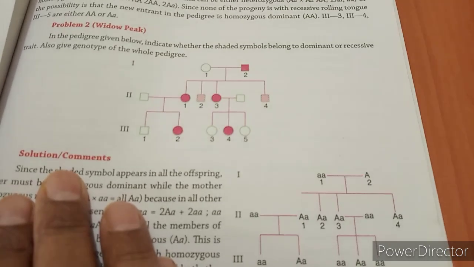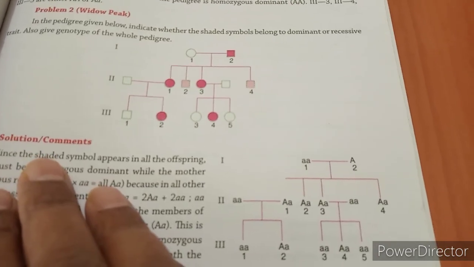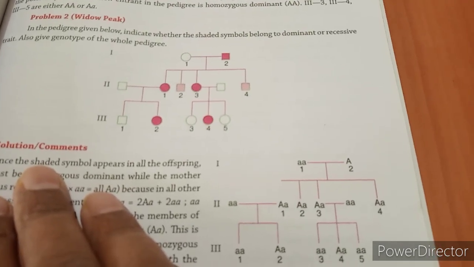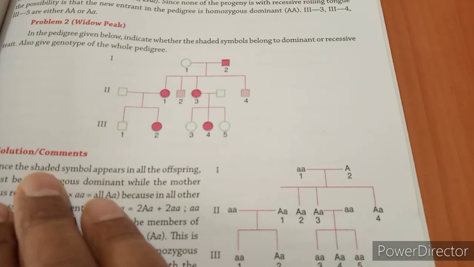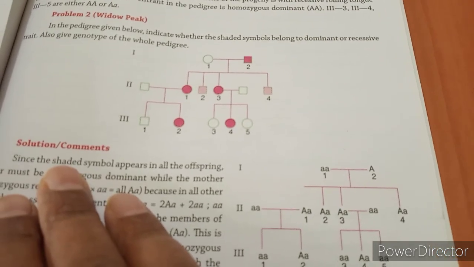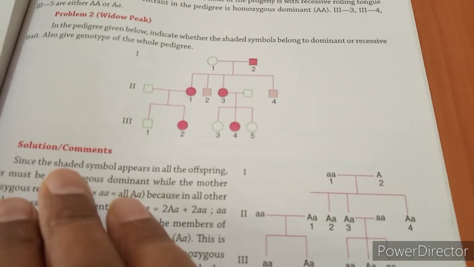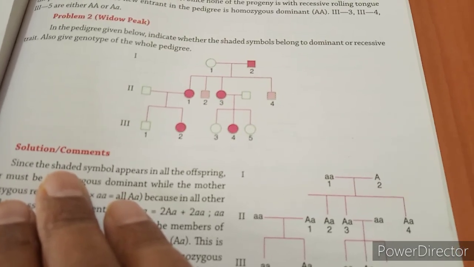Now what we can see here is the first generation, where the female is shown in hollow, and the male married to her is shown in a solid or shaded symbol.